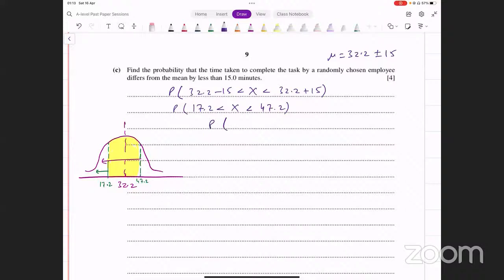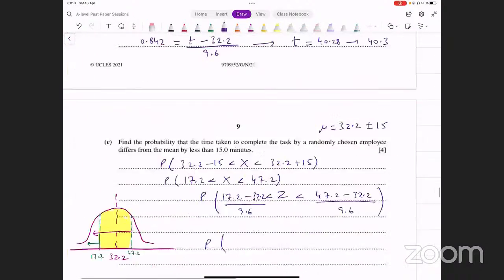You could say this is probability of z between 17.2 minus 32.2 divided by standard deviation, which is 9.6, and 47.2 minus 32.2 divided by 9.6. And that's going to give you something. It's going to give you a probability that z is between 17.2 minus 32.2 divided by 9.6, which is 1.5625. Standard deviation 9.6 थी और ये 32.2 था.